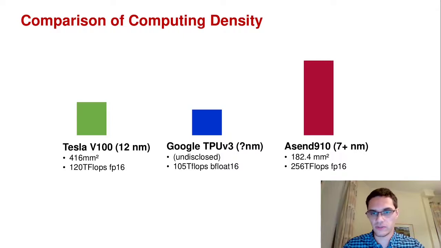Here you can see clearly that in terms of teraflops of floating point 16 compute, Ascend is at least twice more powerful. This is due to all the architectural innovations which are incorporated into the DaVinci architecture.